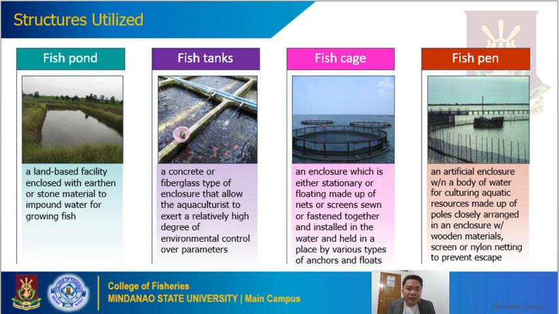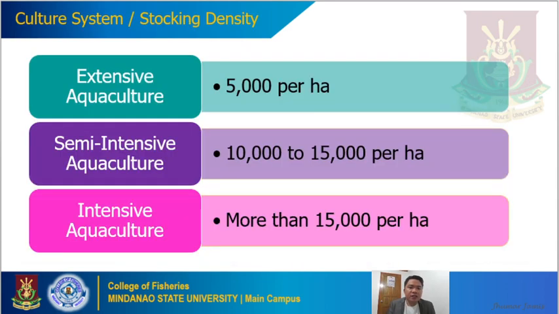So that's the third. And the last one is the culture system or the stocking density. So basically, this is one of the most major classifications of aquaculture. The three: the extensive aquaculture, the semi-intensive aquaculture, and the intensive aquaculture. These three could be distinguished according to the stocking density.